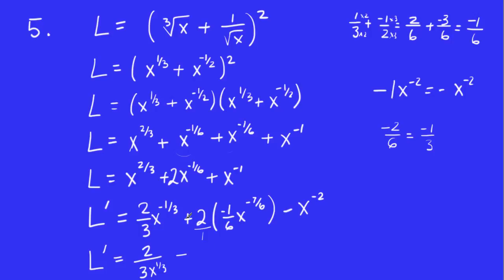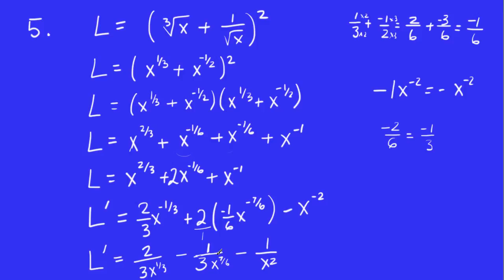And so instead of writing plus negative 1 over 3, I can just write minus 1 over 3. And why don't I bring this to the bottom while I'm at it? So 7/6. And here we have minus 1 over x squared. Let me just erase this and center it a little bit better. There we go. So there's our answer for that one.